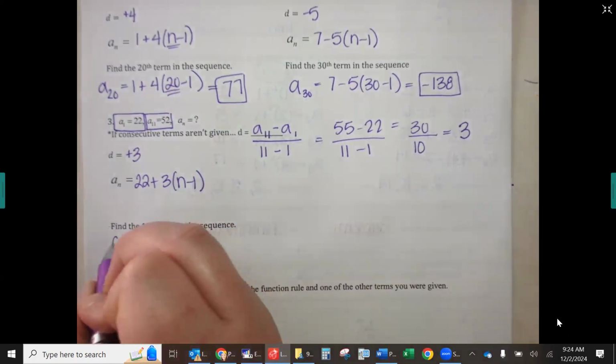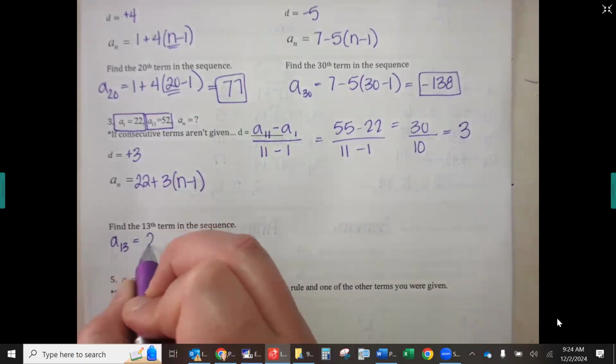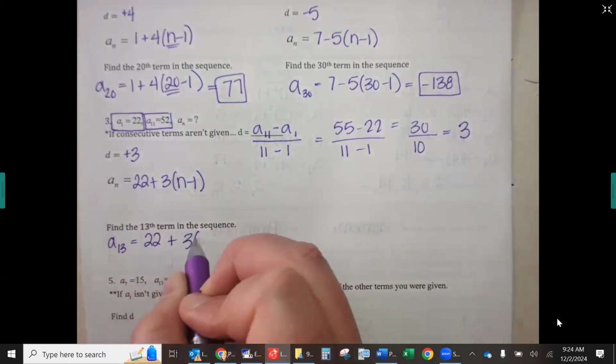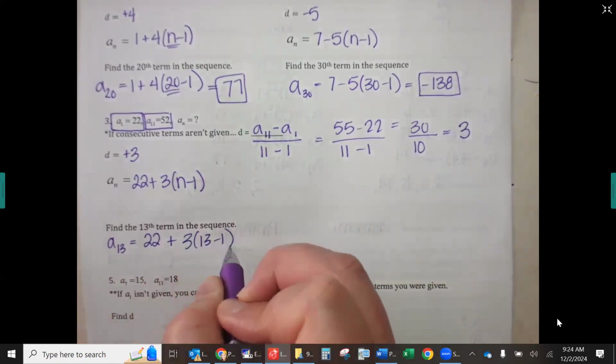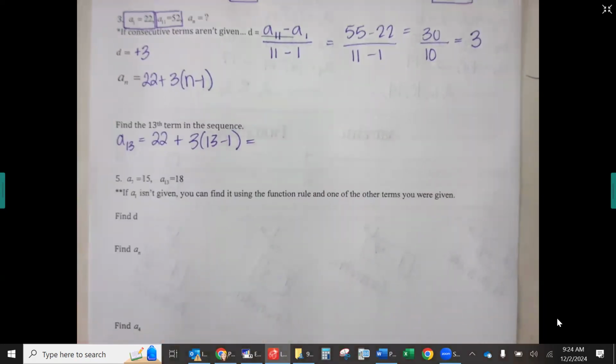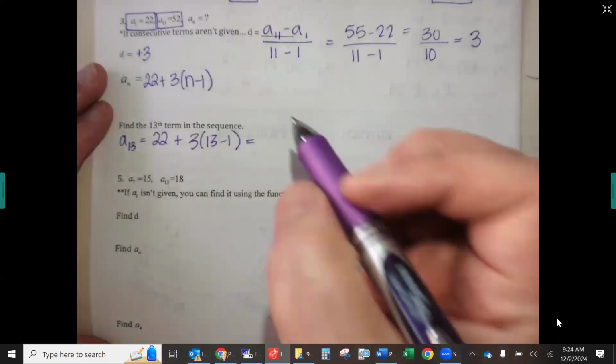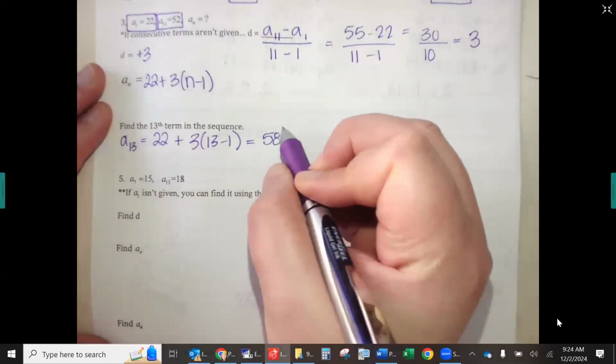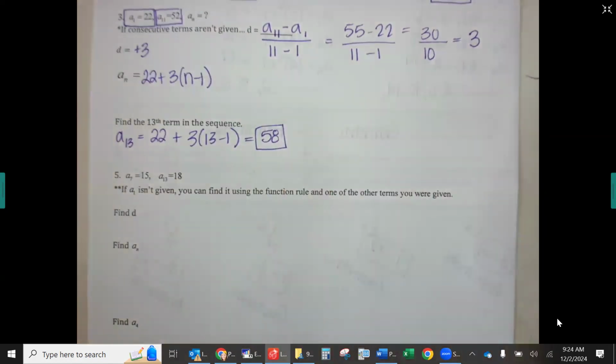So A sub 13 is 22 plus 3 times (13 minus 1). And then you can just put that into your calculator to get that answer without having to extend the list. So 22 plus 3 times (13 minus 1) gives me 58. Questions on that?